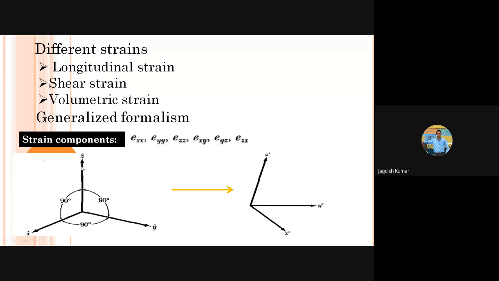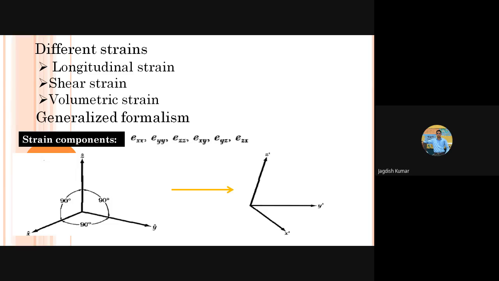Whenever we strain the crystal, the atoms change their positions relative to each other, and so do these mutually perpendicular axes. This means the deformation of the crystal can be characterized in terms of the change in angle between these axes and also the change in length of these axes. That will define the strains inside the crystal.